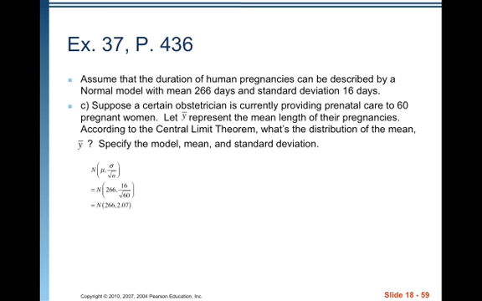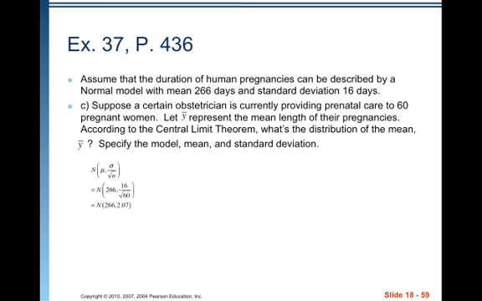So the model for the sampling distribution of a sample mean is going to be normal with mean mu, the same mean as the individual observations, and a standard deviation equal to sigma over square root of n, where sigma is the standard deviation of the original population of observations.